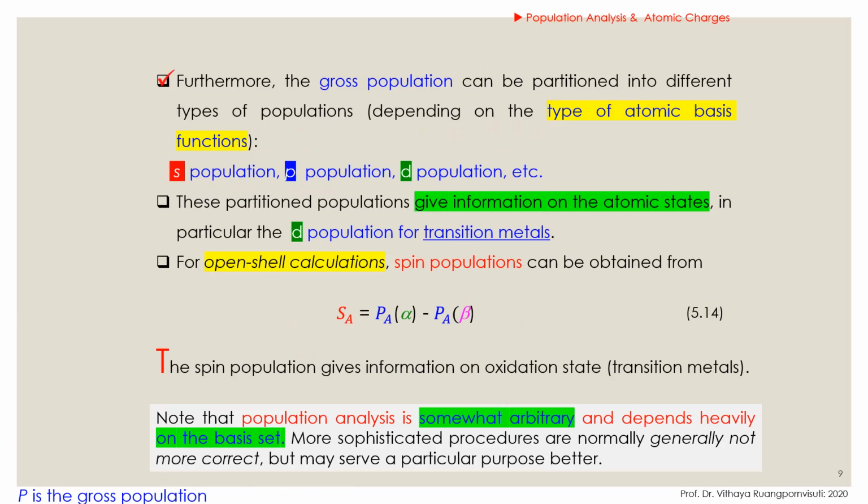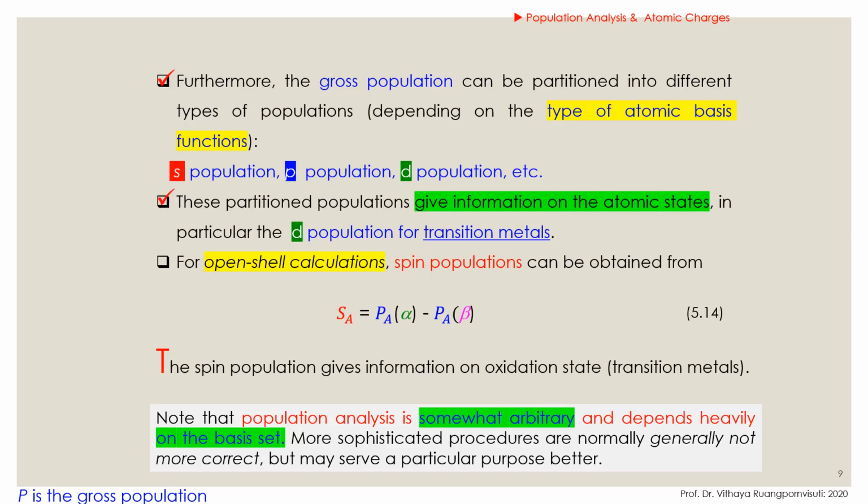Furthermore, the gross population can be partitioned into different types of populations depending on the type of atomic basis functions, such as s population, p population, d population, and so on, where s, p, and d are s, p, and d orbitals respectively.